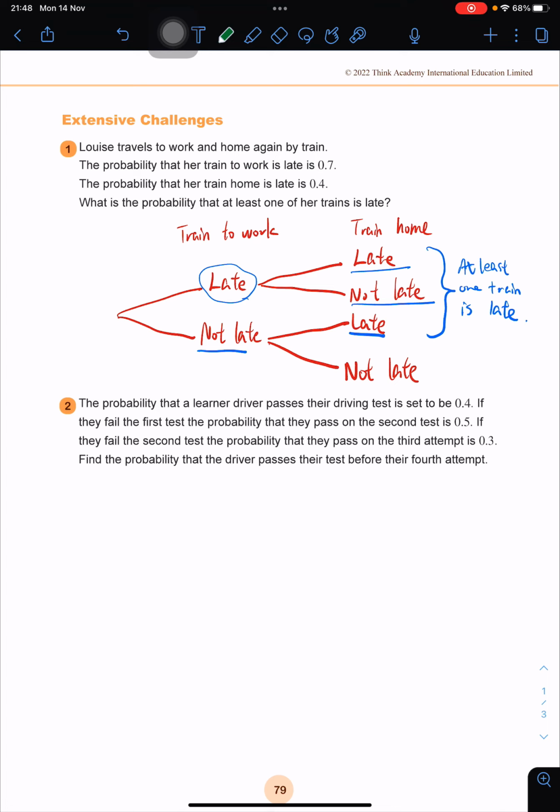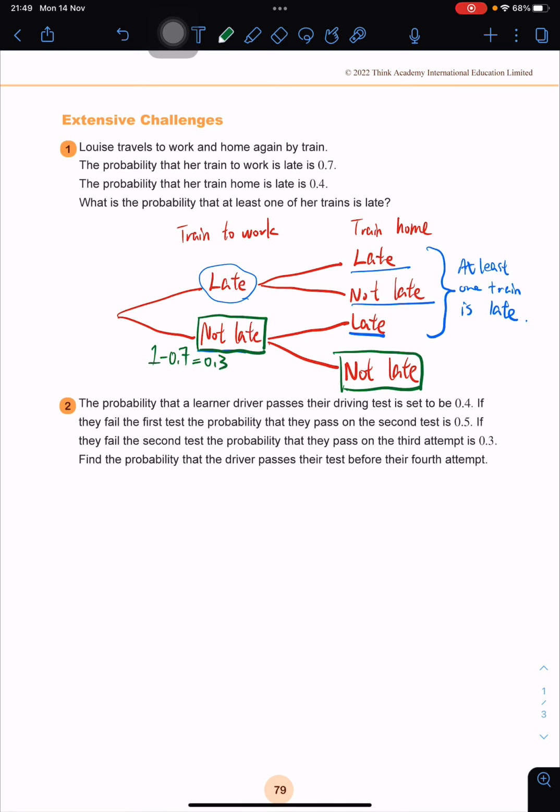In order to find the probability that at least one train is late, one alternative is to find the probability that no train is late, which is this one. As long as I take it away from the total probability, which is 1, I will get the probability that at least one of her trains is late. The probability that her train to work is not late is 1 take away 0.7, which gives me 0.3.